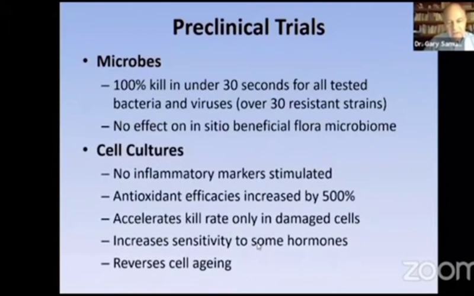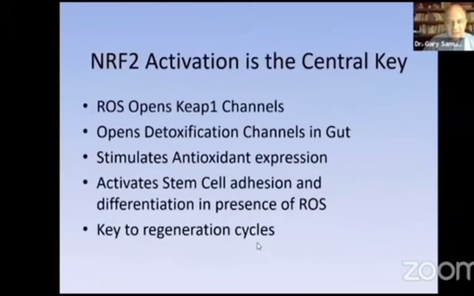In cell cultures, we found that it increased antioxidant efficacies, incredible amounts. It increased sensitivity to hormones. That's another one that we've proven out in the gene study. It reverses cell aging. Cells that were aging and unresponsive all of a sudden became responsive and new when we put it in these cell cultures.